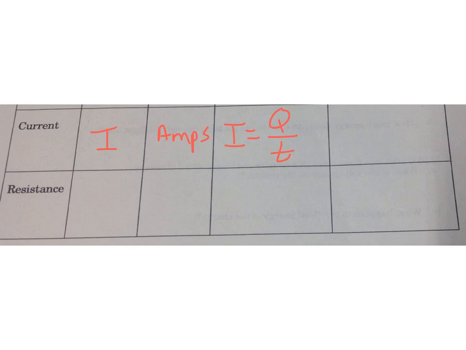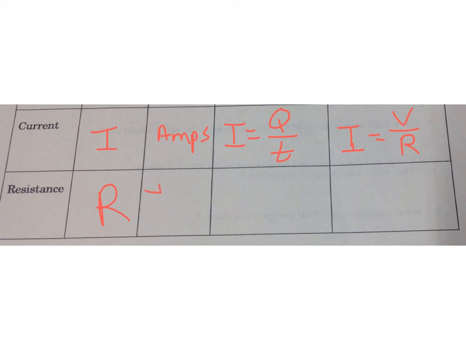Sometimes we also say that the current is directly related to the amount of push and the amount of resistance that we see in a circuit. And that's what you tried to look at a little bit in the previous lab. Now, resistance, we normally use a capital R for it.